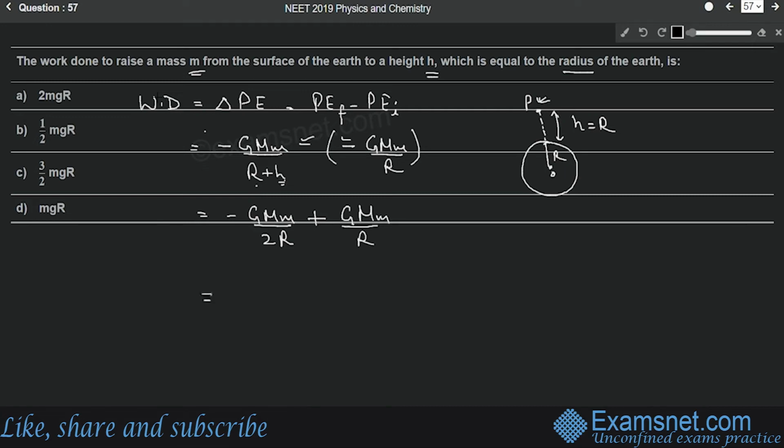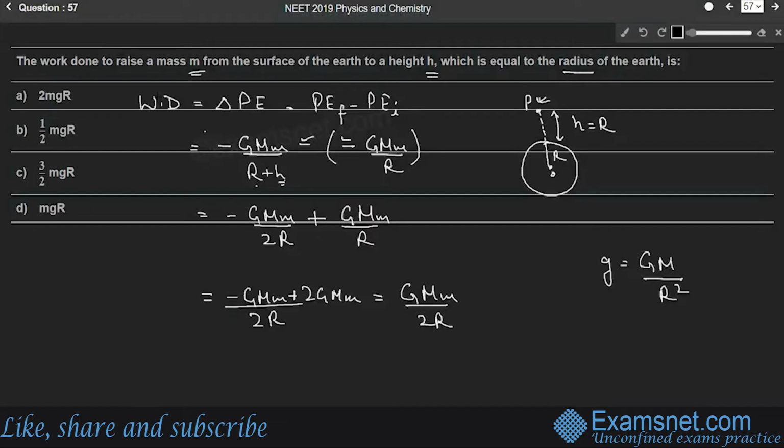If we take the LCM, then 2R will be here. Here we have minus GMm plus 2GMm. So what will we get here? We'll get GMm by 2R. Now we know that small g is equal to capital G into mass of the earth divided by R square.